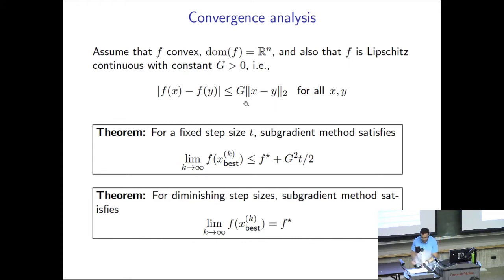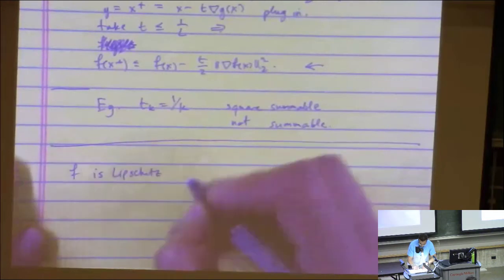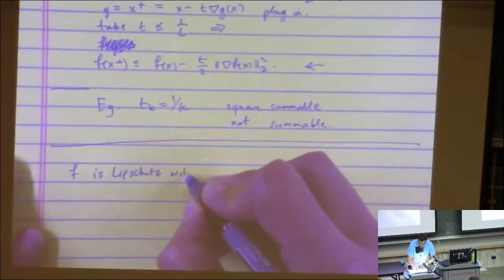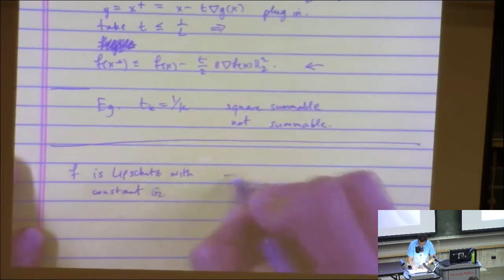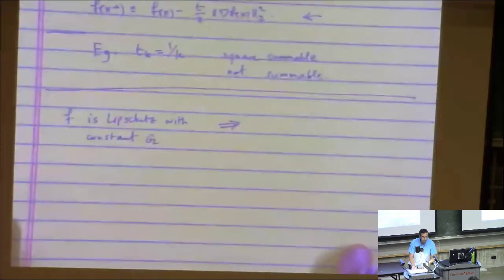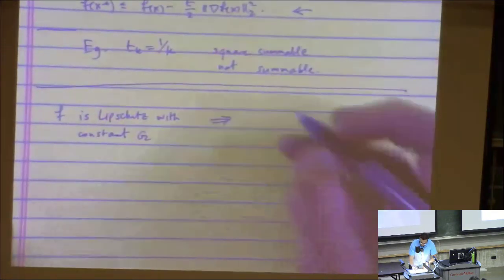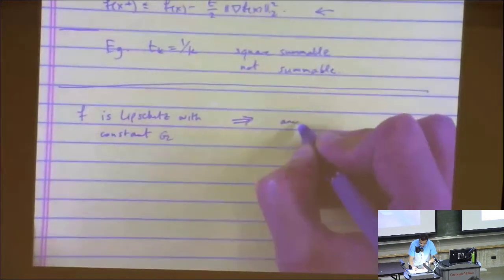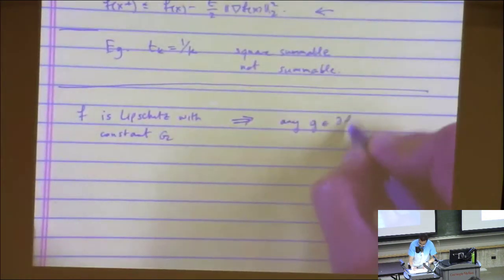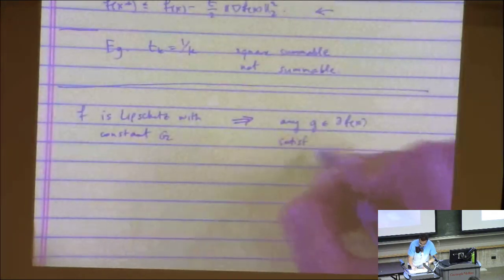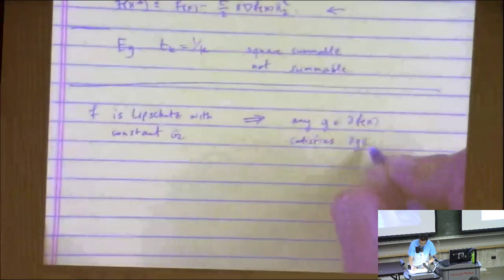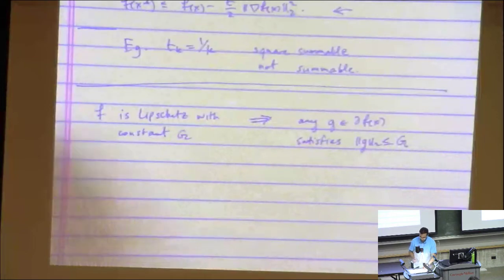And one thing I actually wanted to point out: if f is Lipschitz with constant g, let's say f is convex, one thing you can prove from this that is implied by this condition is that if I take any g that's in the subdifferential of f at any point x, it satisfies norm of g less than or equal to this constant g.